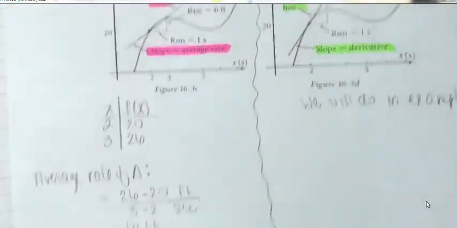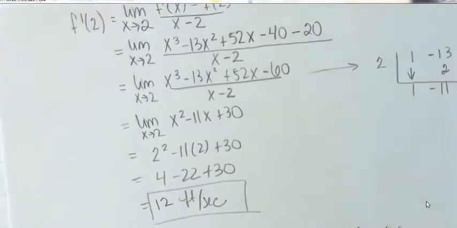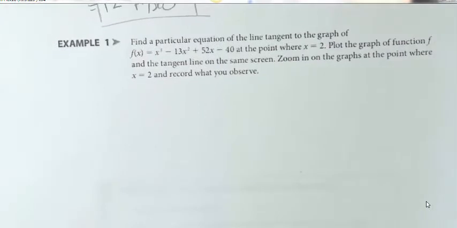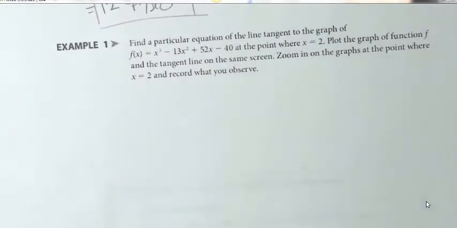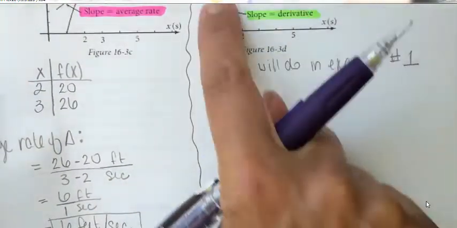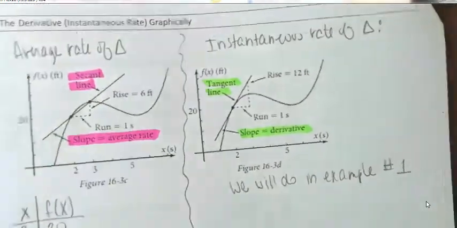And we're proving that again and again by doing it numerically, algebraically, and now we're going to deal with this graphically, just like I said we would back here, that we would do this instantaneous rate of change in example 1.